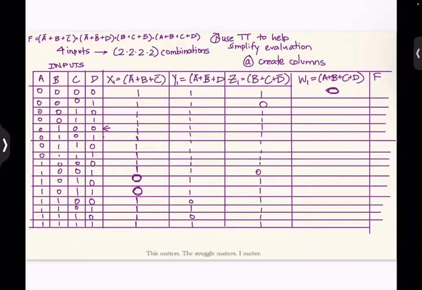Aligning the correct subfunctions together will verify my work and reduce the percent error for when I compute the final output.